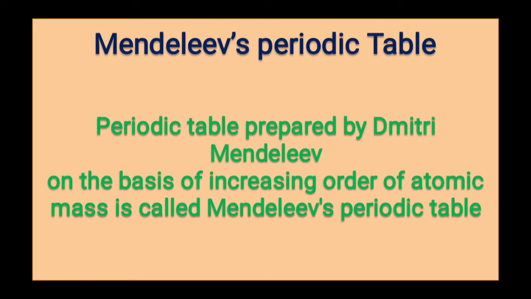Mendeleev's periodic table. The periodic table prepared by Dmitri Mendeleev on the basis of increasing order of atomic mass is called Mendeleev's periodic table.